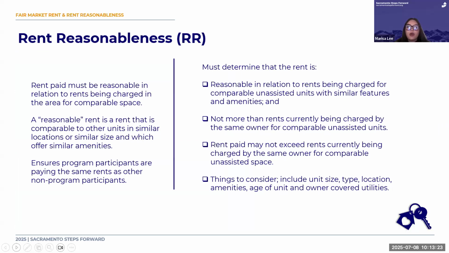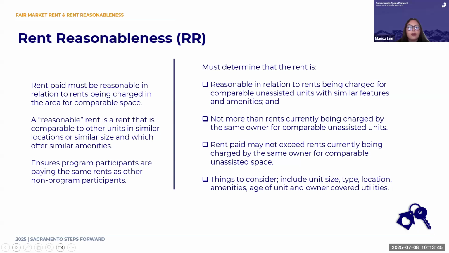Rent reasonableness is required for all units supported with COC rental assistance or leasing. The goal is to make sure COC program participants aren't being overcharged compared to market rates for similar unassisted units. A reasonable rent is one that aligns with other units of the same size in the same area with similar features and utilities.